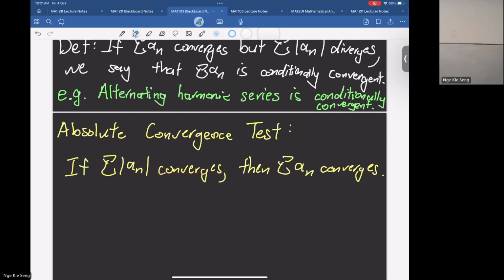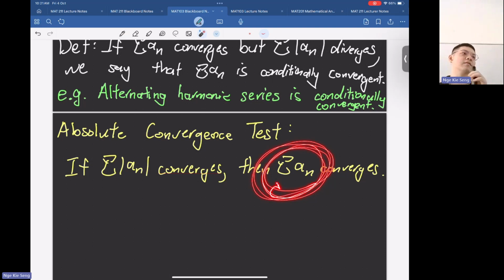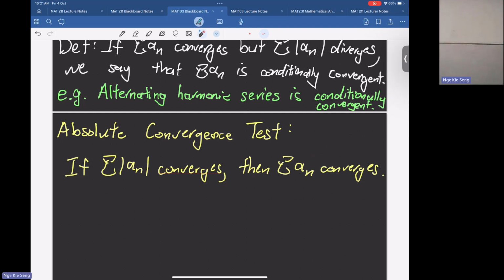Very strong. That's why we say this original series absolutely converges. It must converge, no matter what you do. Absolutely converge.